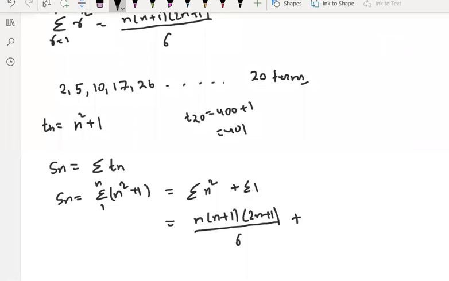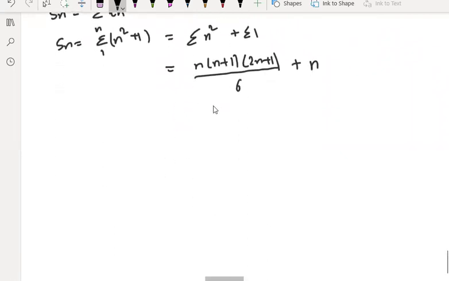Everyone think what we will get if you add 1 to n times. You will get n only, right? Okay, got it, everyone?